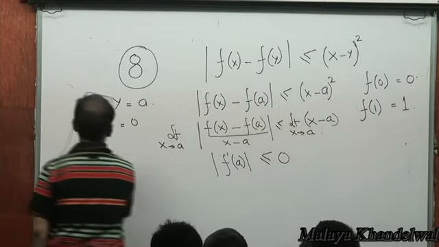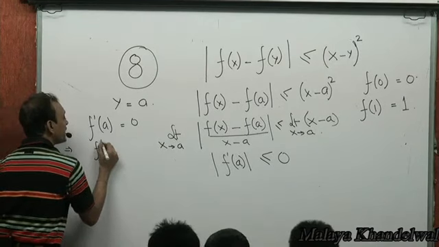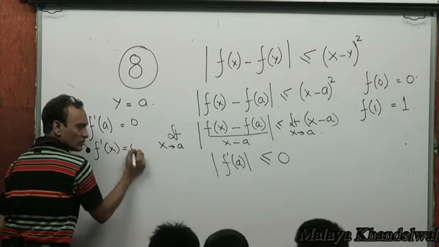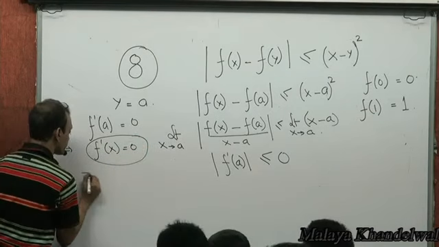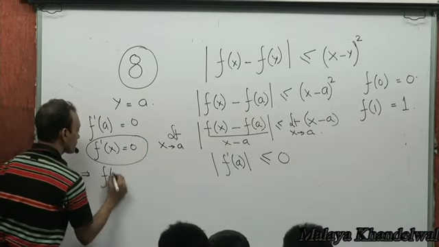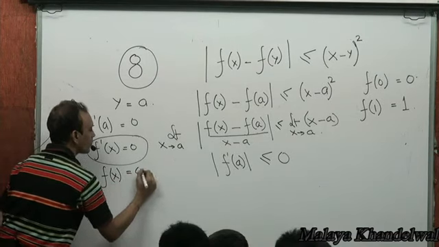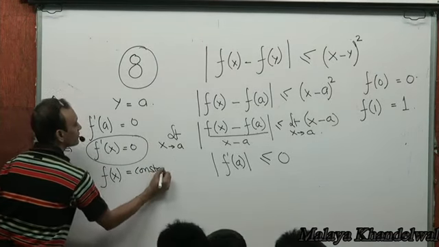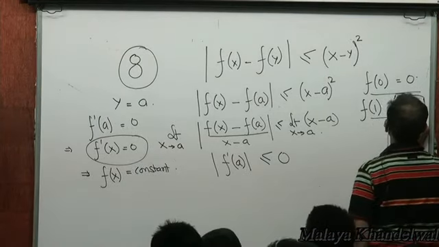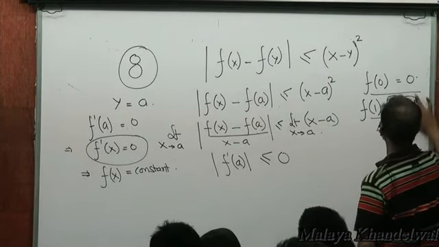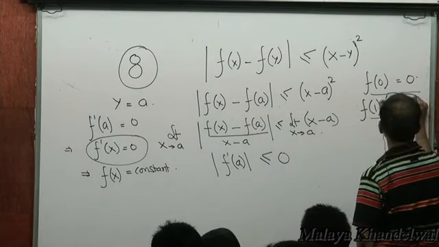So can I say this would mean that f dash x in general is 0? When would f dash x be 0? When fx is constant. That means if fx is a constant function and f0 is 0, f1 we have to find, so f1 must also be 0.